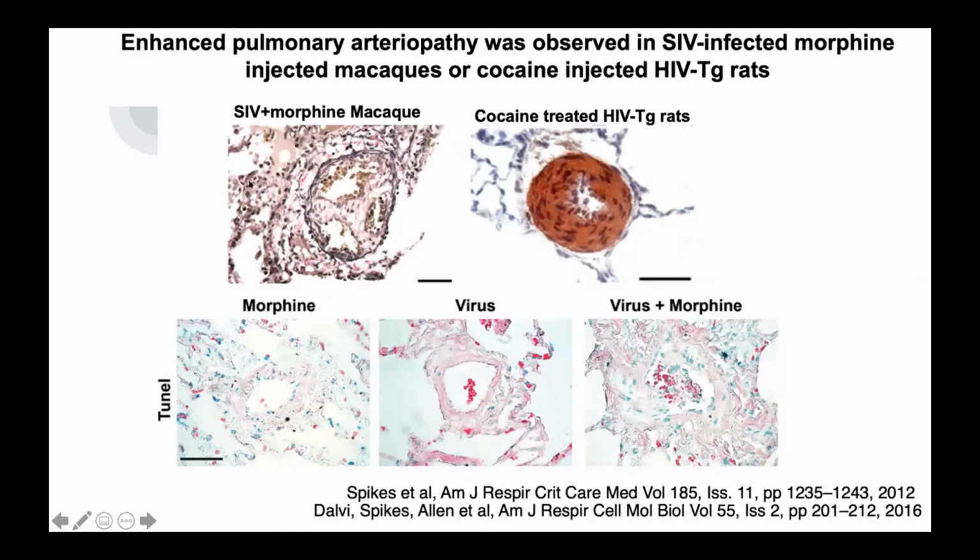Here there is a panel showing severe pulmonary remodeling, and you can see plexiform lesion formation in SIV infected macaques that were injected with morphine. On the other panel, I am showing a vessel from HIV transgenic rats. This is a transgenic HIV rat model created by Dr.